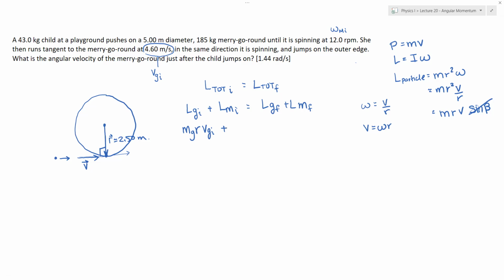For the merry-go-round, I'm using this I times omega equation, with the original angular velocity of the merry-go-round. That equals, now that the girl is on top of the merry-go-round, the moment of inertia of the girl plus the moment of inertia of the merry-go-round times omega final.